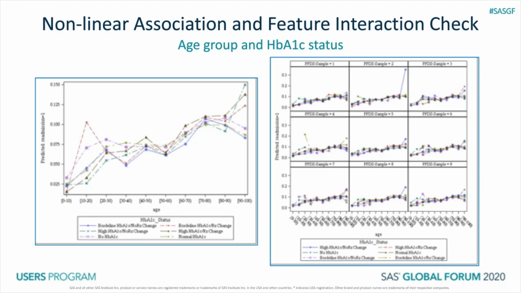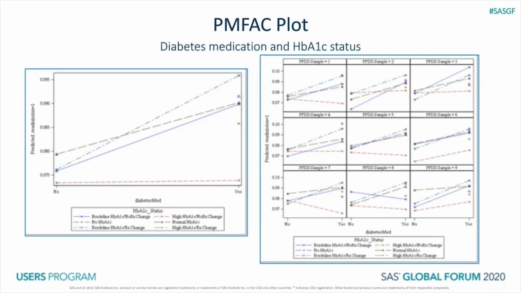There are other types of plots that can be generated using this macro program. Here, I'm showing the relationship between diabetes medication and blood glucose test variable. And as you can see, the plots show a qualitative type interaction between blood glucose measurement and diabetes medication with regard to probability of 30-day hospital readmission.